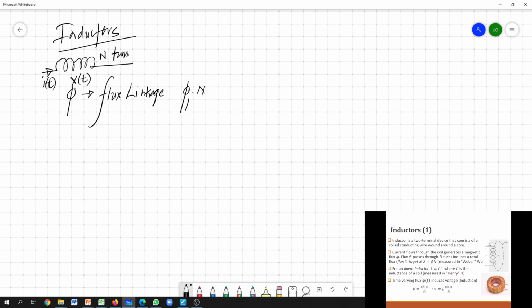This is the flux generated per coil, or flux per turn, and once we multiply it by the number of turns, you can easily find the total flux generated by this current, or the flux linkage due to this current. So we can define the total flux or the flux linkage as the product of phi and N.